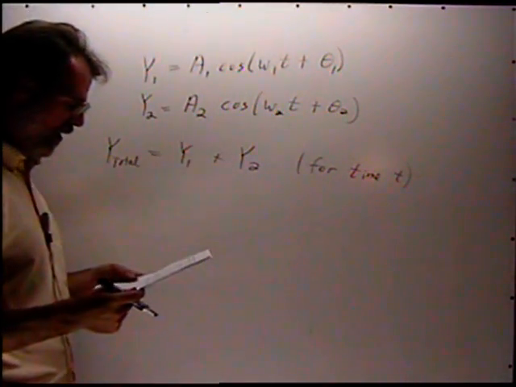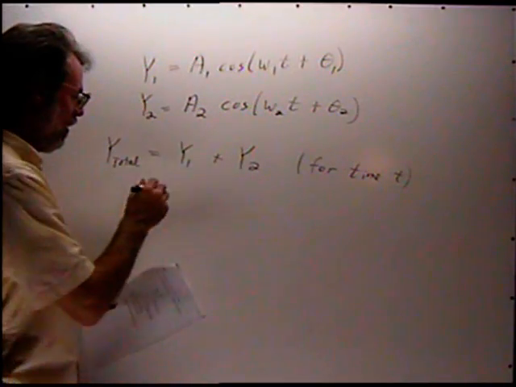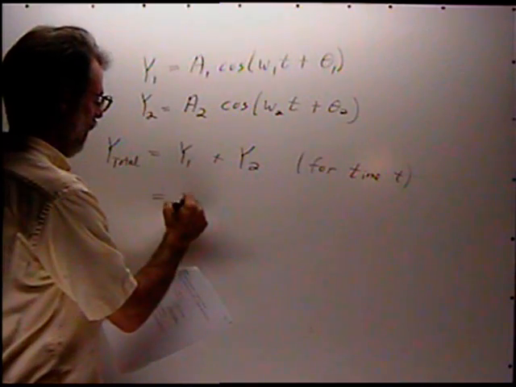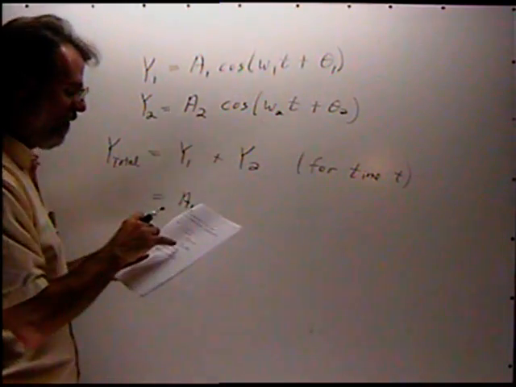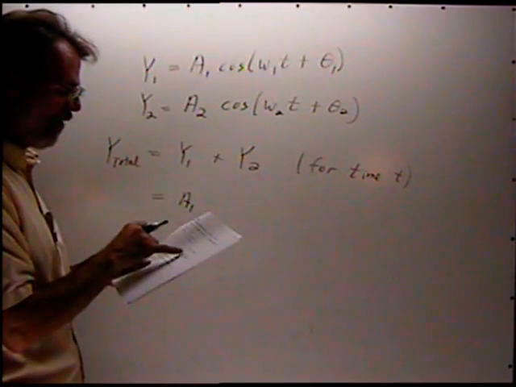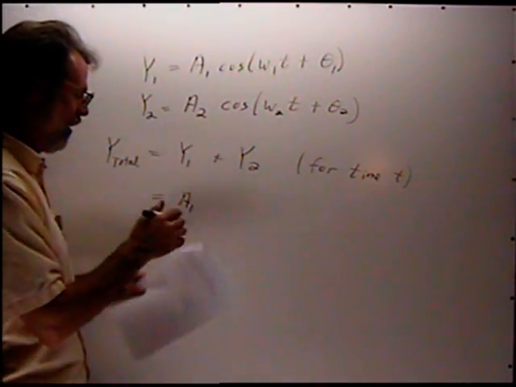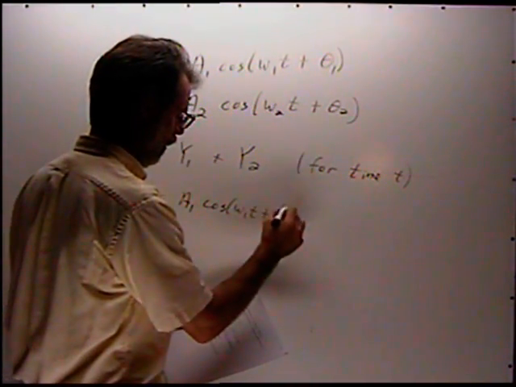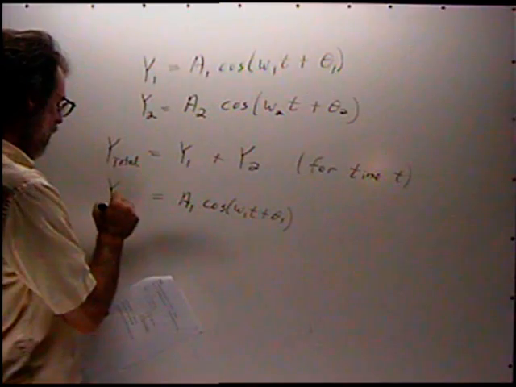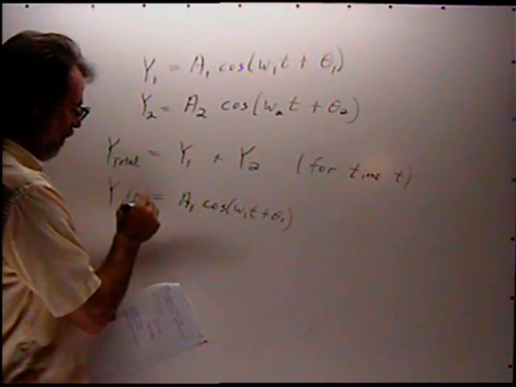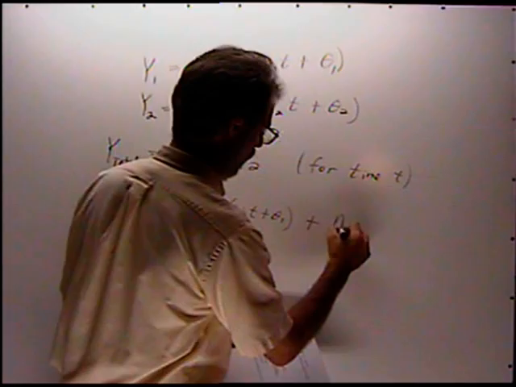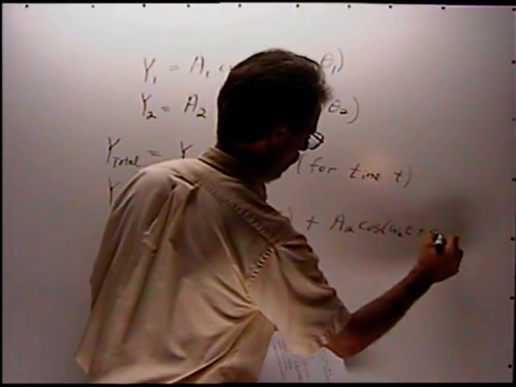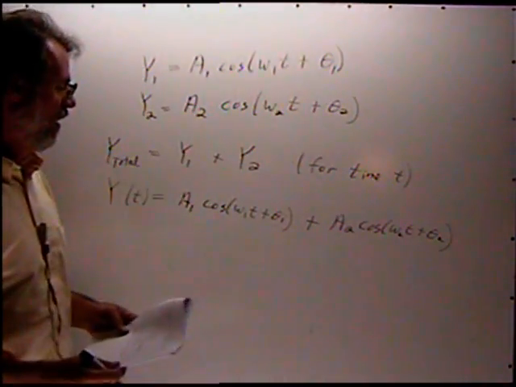So the total is going to be a function of time, with A1, omega 1, and theta 1 plus A2, omega 2, and theta 2.